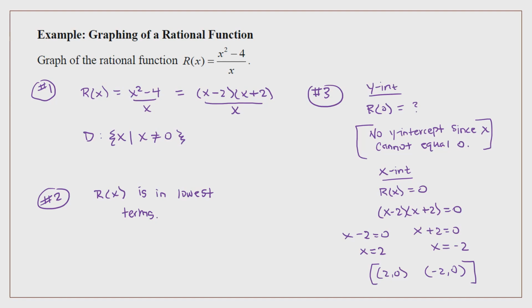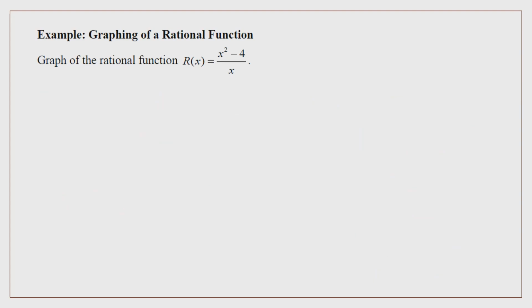Next, for number 4, we're going to find our vertical asymptotes, and then we're going to determine the behavior of the graph of r on either side of the vertical asymptote. Okay, so let's go get some more space here. So number 4, we want to find the vertical asymptote.